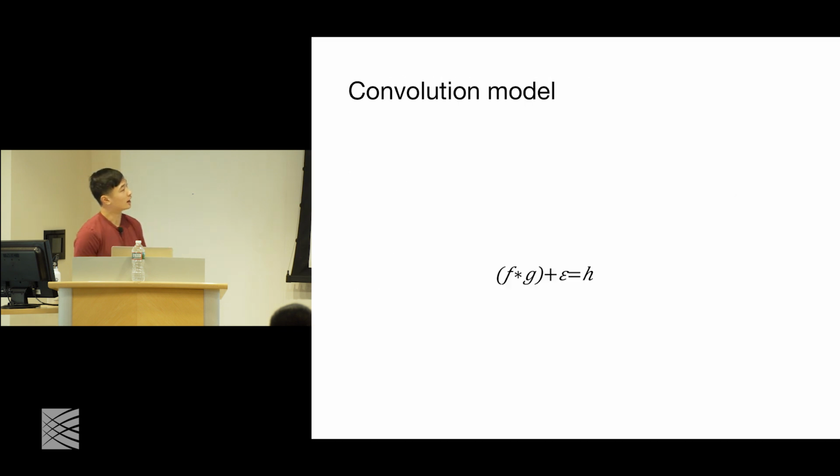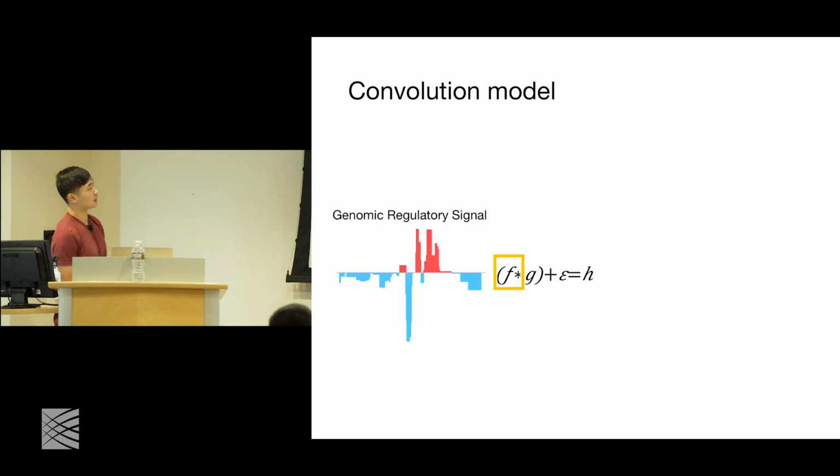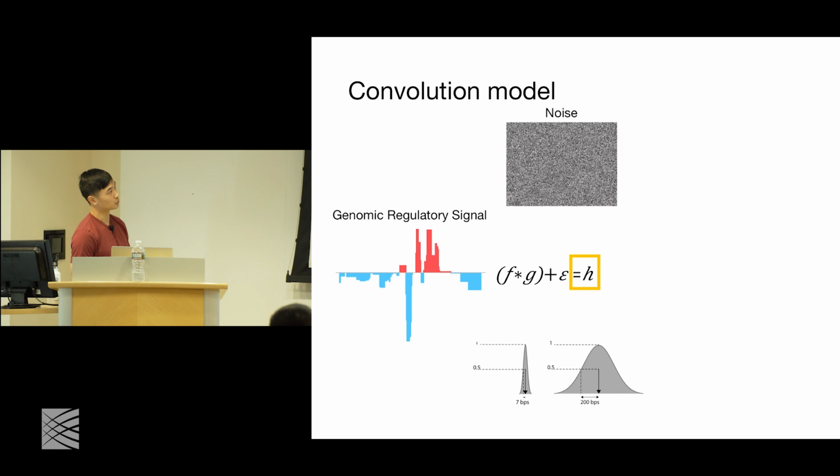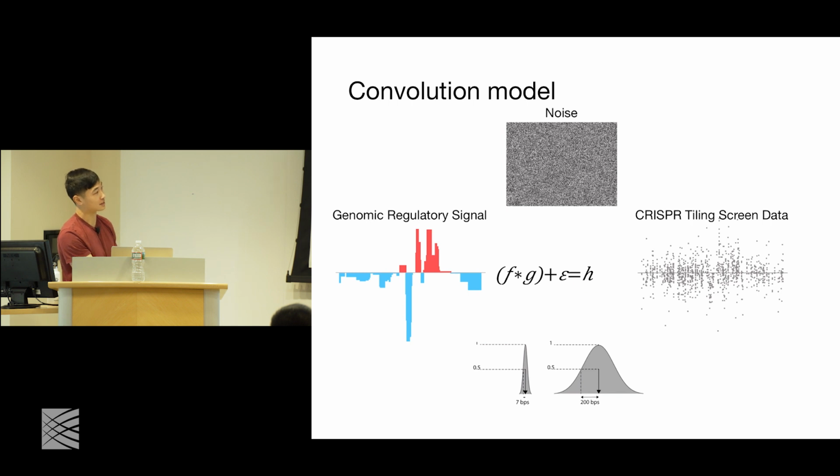So how we think about how guide RNA enrichment scores arise is, again, we have a genomic regulatory signal that is intrinsic to the properties of the genome. We convolve this signal with our CRISPR convolution. There's noise in the process, whether that's biological or technical. And then lastly, this is CRISPR tiling screen data.